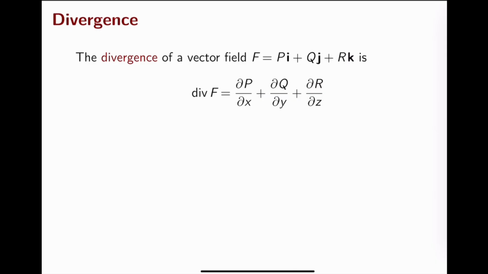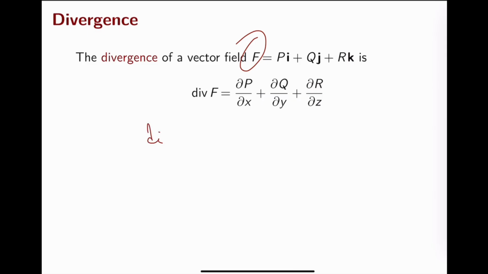So for instance, if the vector field we are talking about represents a fluid, so if the vector field represents the velocity at which the fluid is moving, then the divergence measures the tendency that the fluid has to collect or disperse at the point.